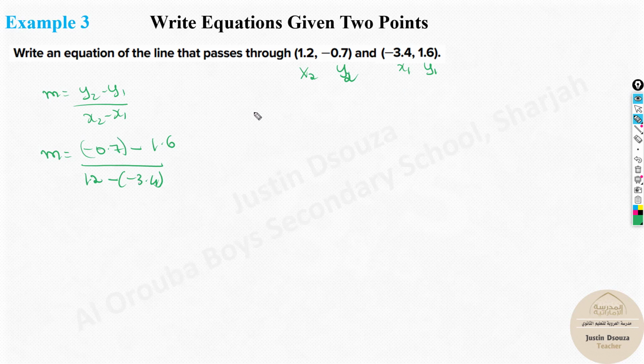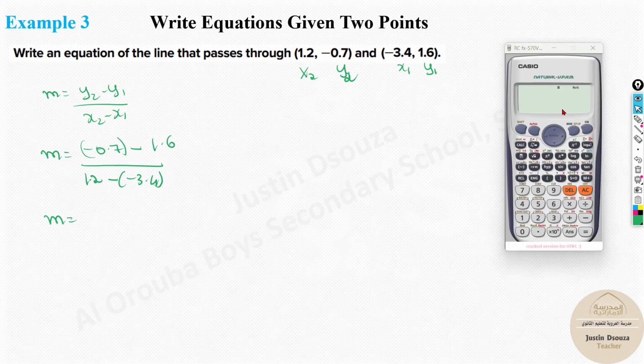Now I'm not going to do it manually. You can do it, it's fine, but it'll take you more time. I will just do it in the calculator quickly. Here all you need to do is type this out, minus 0.7. If you're starting with a negative, it's fine, no need of a bracket.